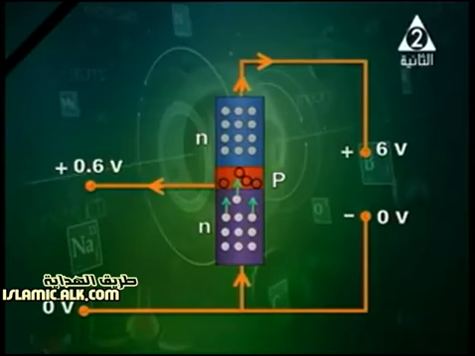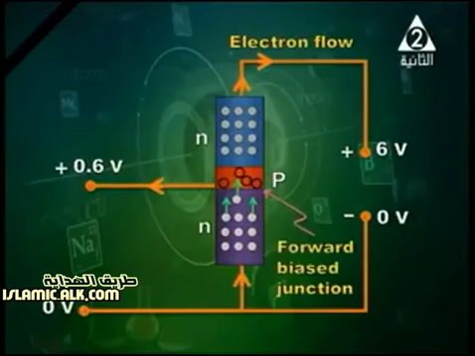You remember, the base is made of P-type, so it contains holes. Some electrons from the emitter recombine with the holes found in the base. In this case, yes, the junction between emitter and base is forward biased.